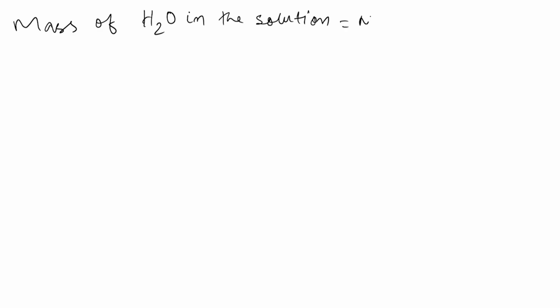Now we have to find the mass of water in this solution. So what will be the mass of water? That is the mass of the solvent. This is equal to mass of solution minus mass of solute, that is mass of sodium chloride.